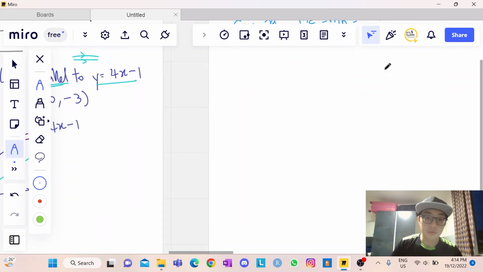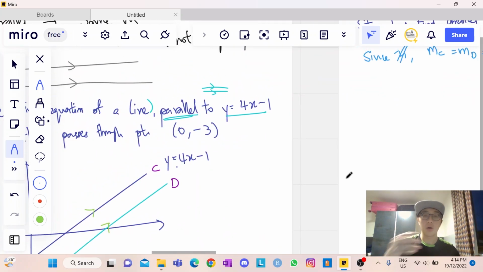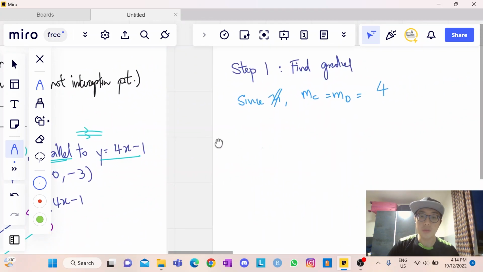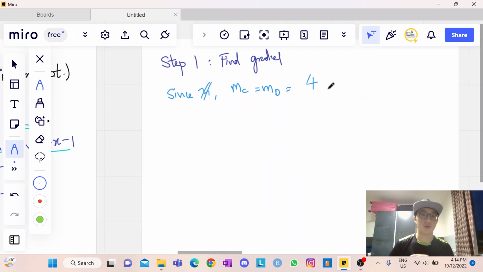If you recall how to interpret a straight line, y equals mx plus c, it cuts at negative 1, which is the y-intercept, and the gradient is 4. So both of them have the same gradient, which is 4.